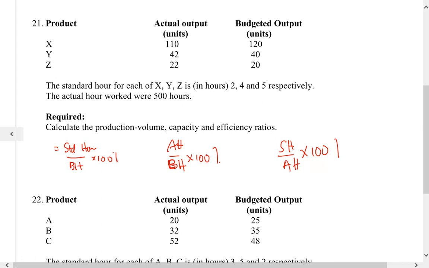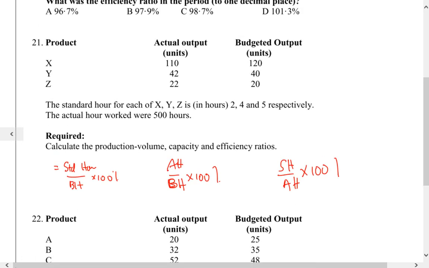So 2 hours times which one? Actual. So standard hour at actual production is 22, 45, 168, 110. These are all standard hour at actual. So 498 standard hour at actual production.